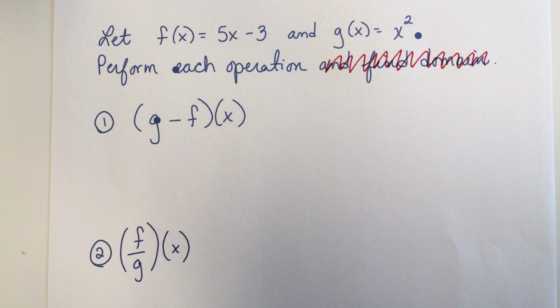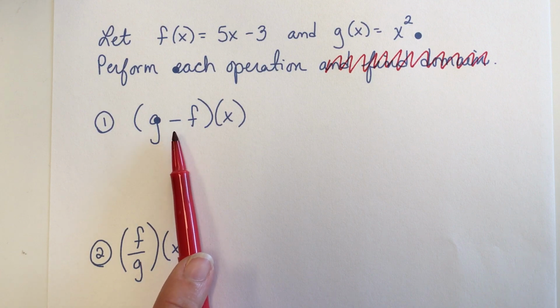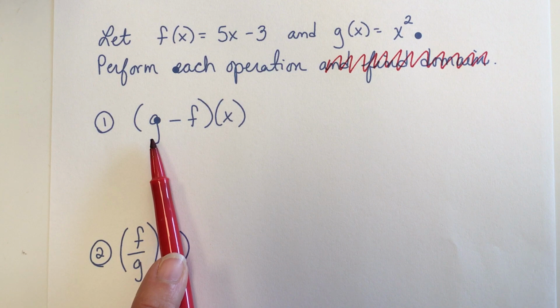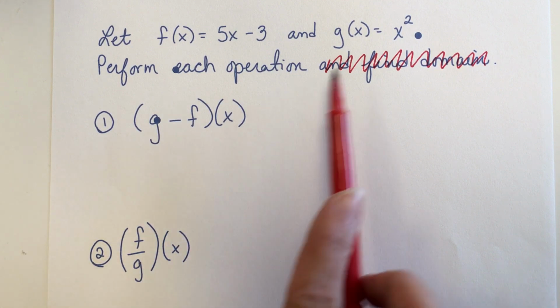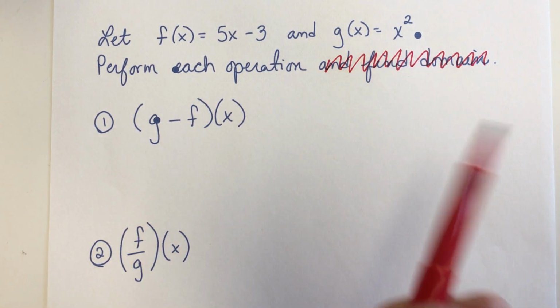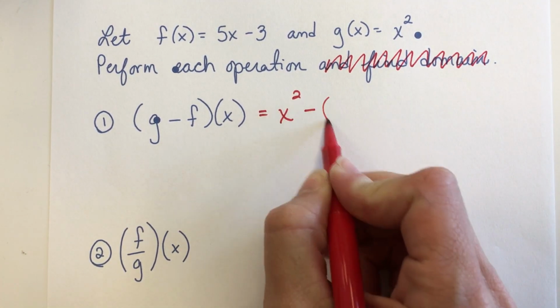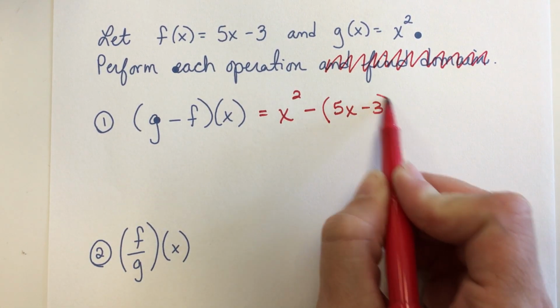All right, so if you look back at the previous piece of paper showing you all these different notations, you'll see that this right here was telling you that you needed to subtract your functions. Since g is listed first, you have to do g minus f. So g is x squared, and then you're going to subtract from that function f, which is 5x minus 3.